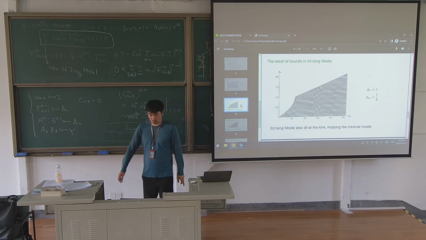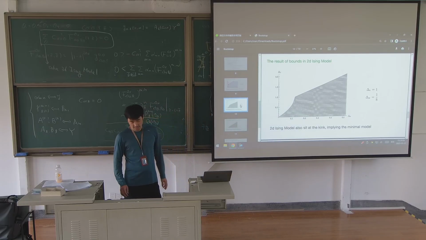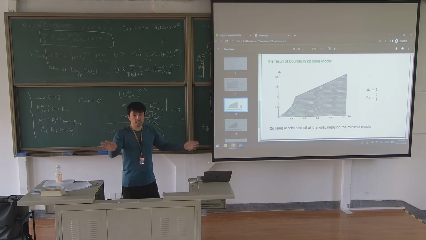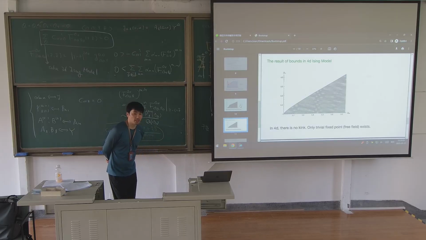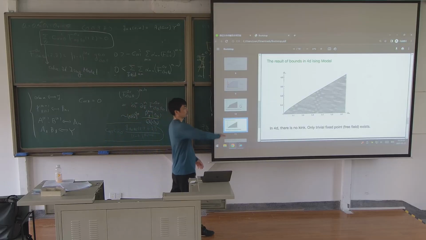Okay. Bound for this. So this implies a minimum number of primary operators at this kink. For the other places, it can accommodate other operators. If you do the 4D Ising model using the conformal bootstrap equation, there is no kink. It just goes like this.